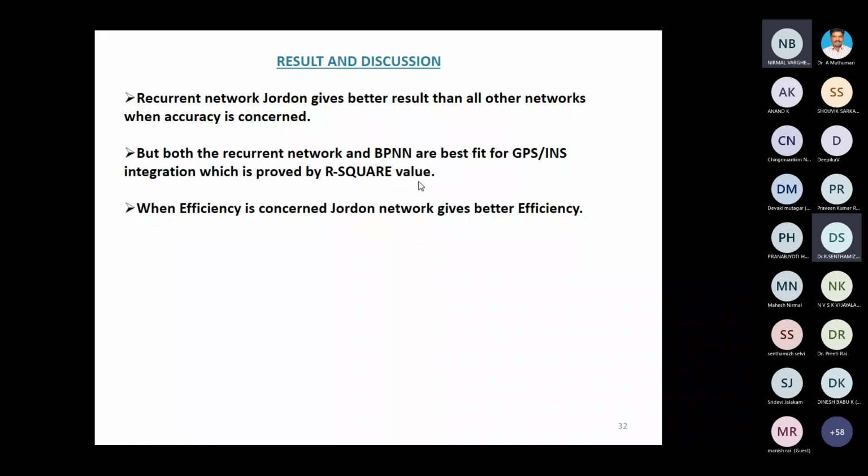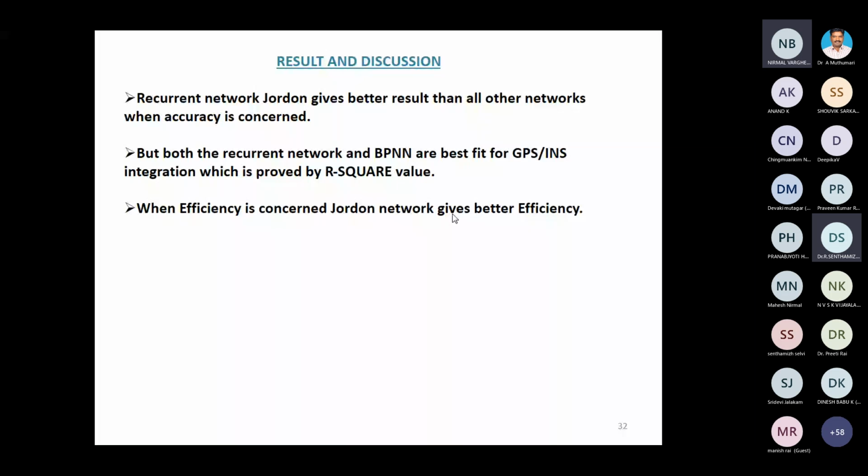Almost Jordan has the better, and all others, Elman and PPN, are slightly lower. When efficiency is concerned, the Jordan network gives better efficiency because error-wise it is giving a minimum error, and the Jordan recurrent network is better when compared to Elman and normal backpropagation neural networks. That is the result we got from our comparison table.